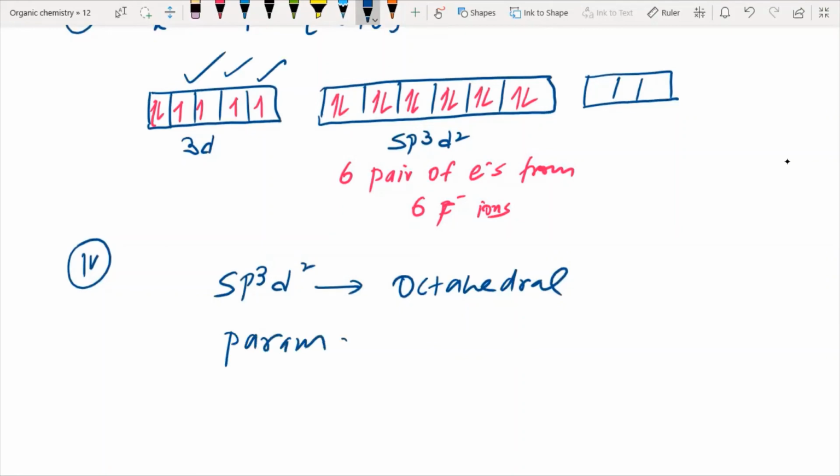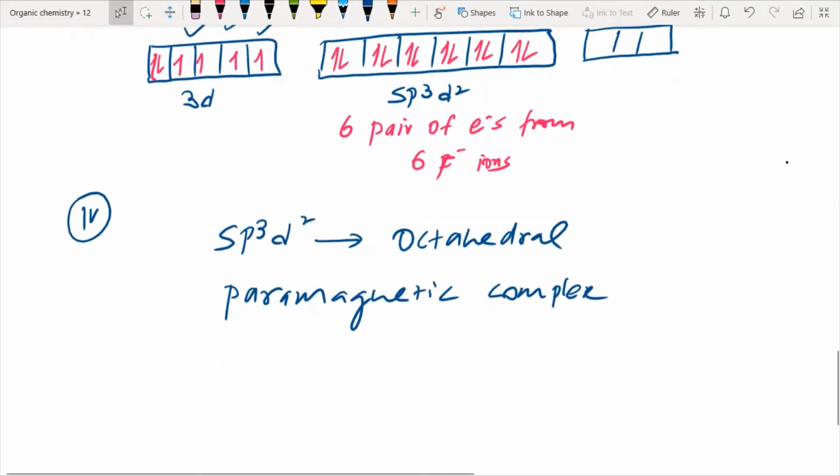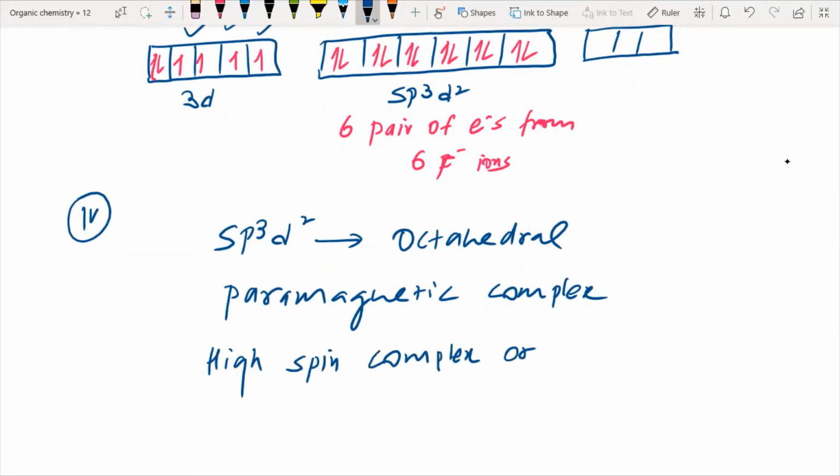And a weak field ligand is there in this. Because of that weak field ligand, we can say this is a high spin complex, or spin free, or outer orbital complex.